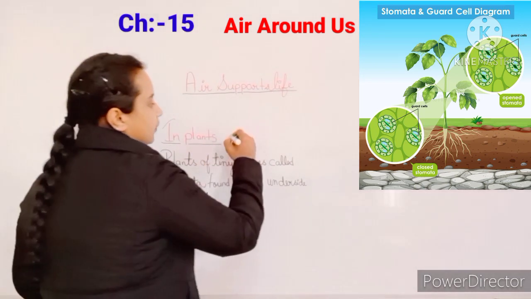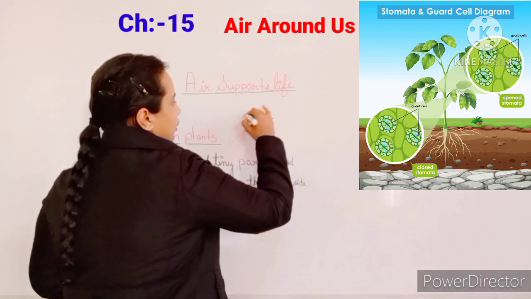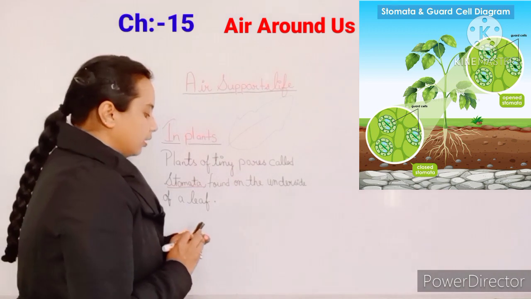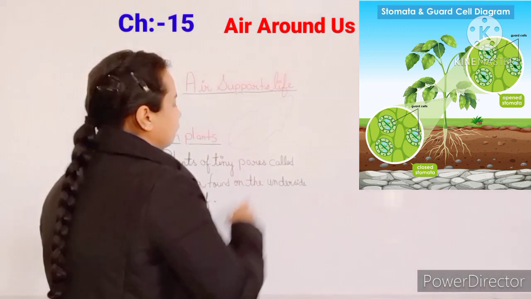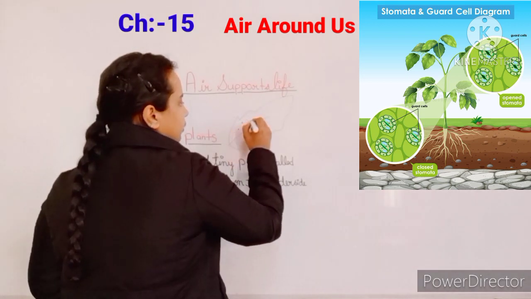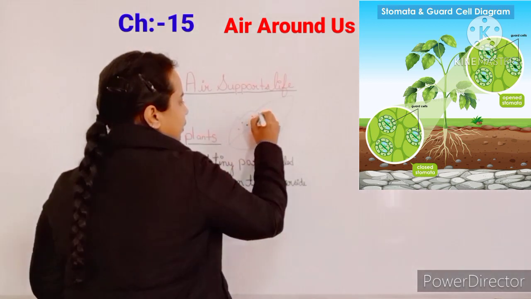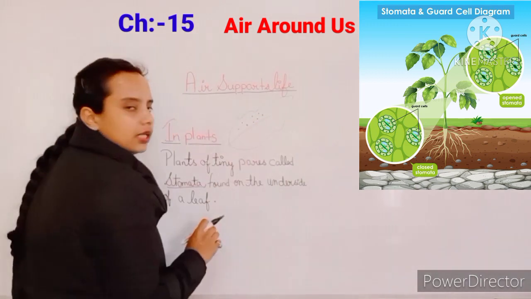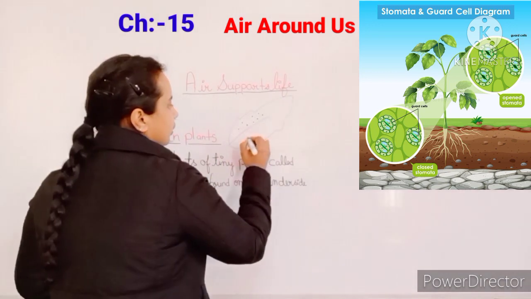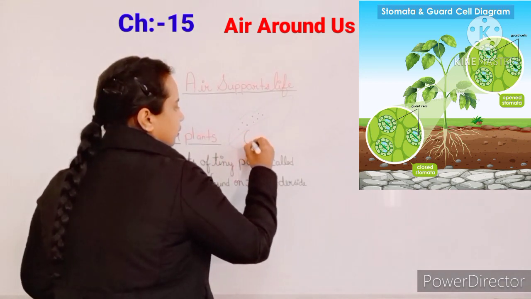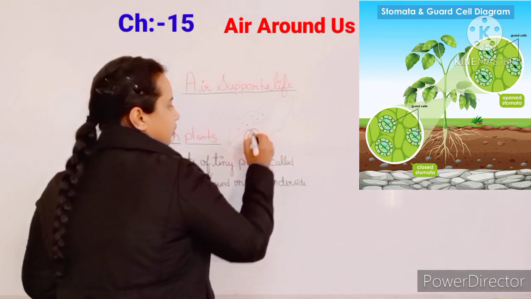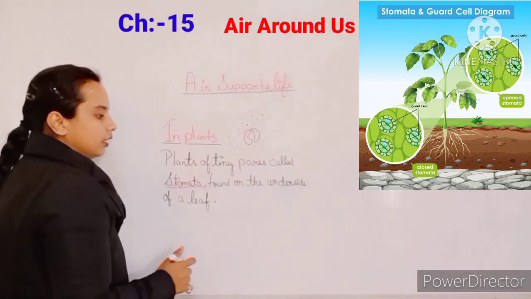Let's see here the structure of a leaf. At the underside of it some small pores are present, like this. These pores are known as stomata, and the structure of the stomata looks like this.